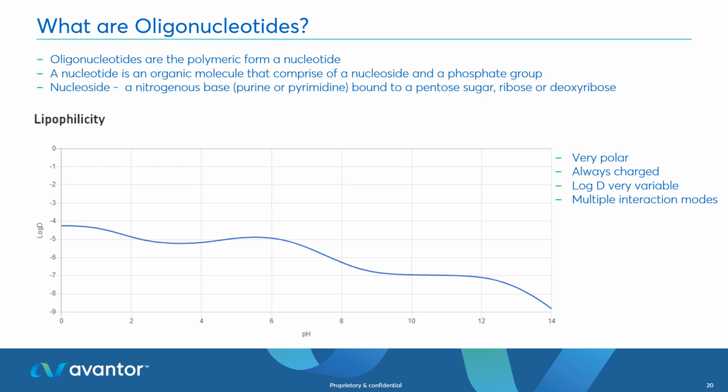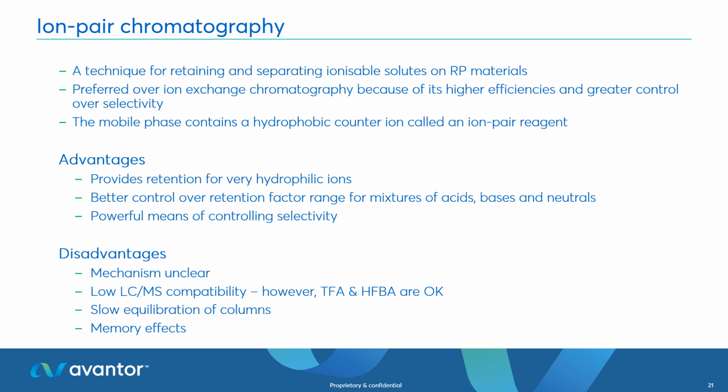This means it's very, very complicated in terms of developing a robust methodology. The approach that we use for the chromatography is typically ion pairing chromatography. This is a technique for retaining and separating ionizable solutes on a reverse phase material such as C18.